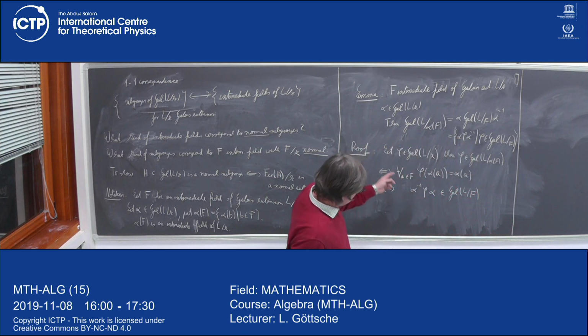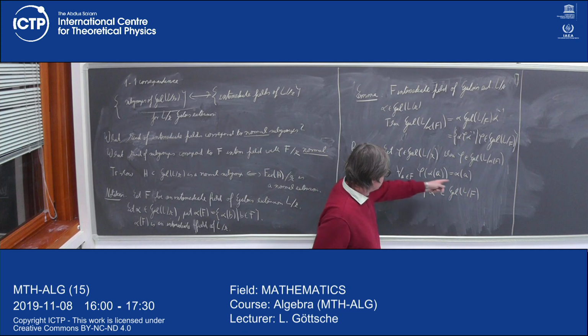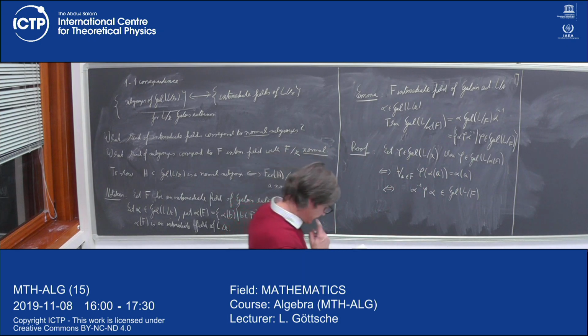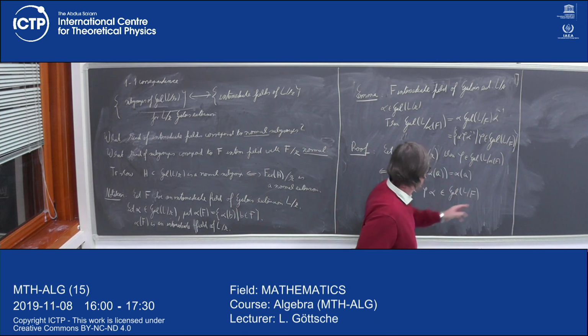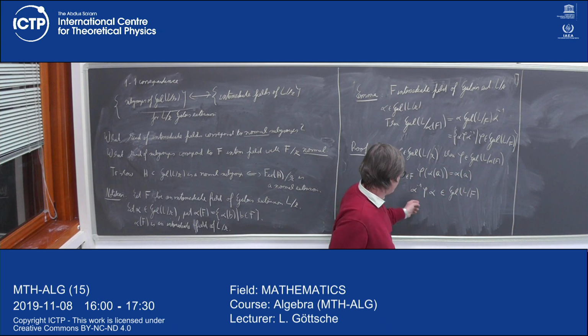No, because alpha to the minus 1 phi alpha, according to this, if you multiply by alpha to the minus 1, it sends A to A for all A. And so if I put this back, phi is in this Galois group if and only if it's of this form. I can multiply back by alpha here, by alpha to the minus 1 here.